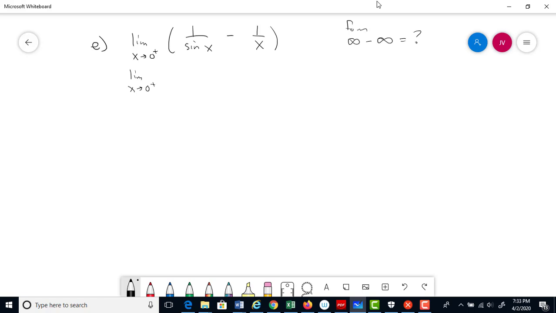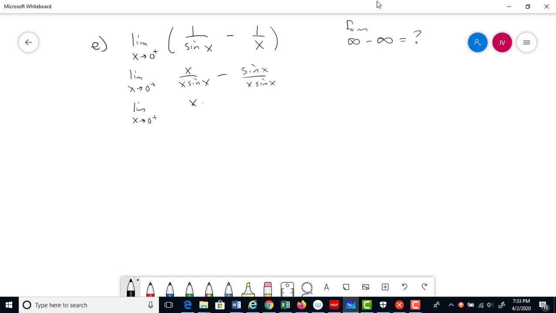A single rational expression means I have to have a common denominator. So top and bottom of the first by x, top and bottom of the second by sine of x. So we're going to have the limit as x approaches 0 from the positive side of x minus the sine of x all over x times the sine of x.